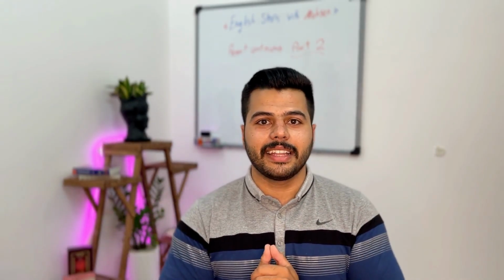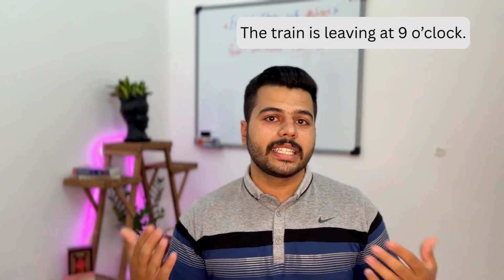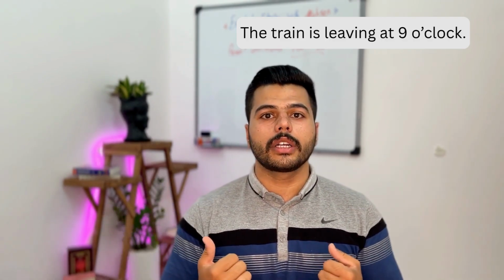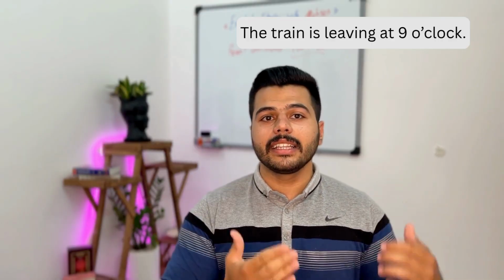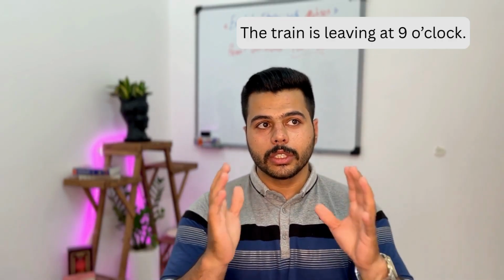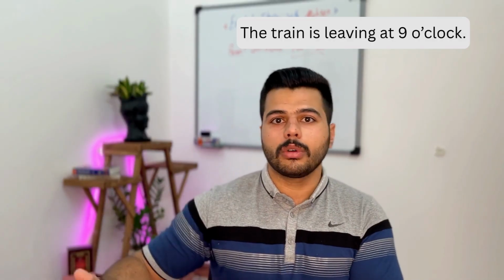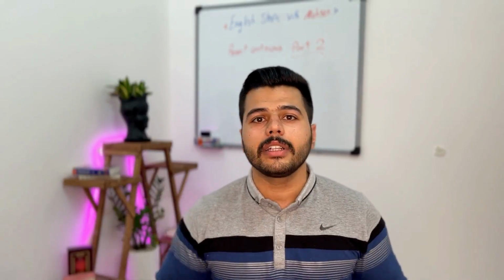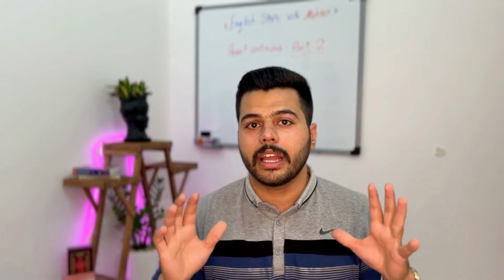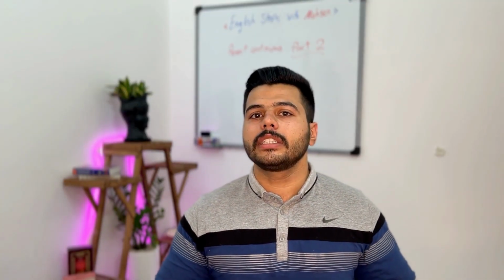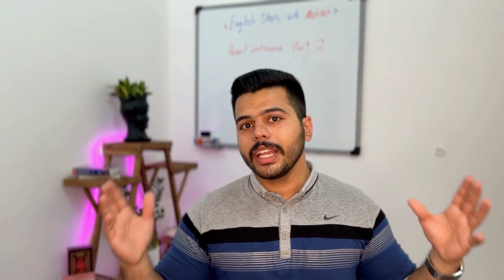Look at this sentence. The train is leaving at 9 o'clock. You know, the schedule, the time for travel is always arranged. So, we can use present continuous and that's totally fine.